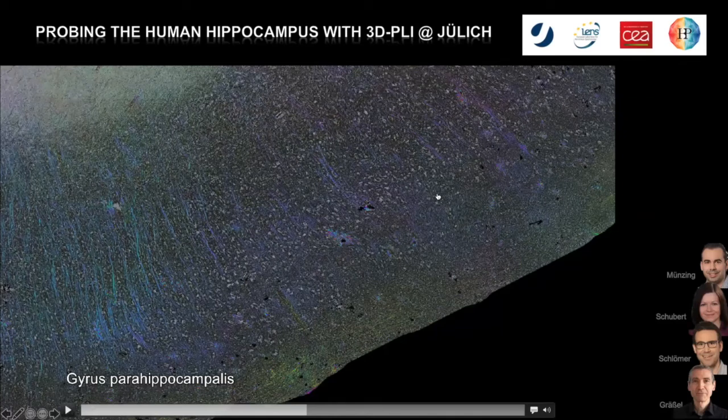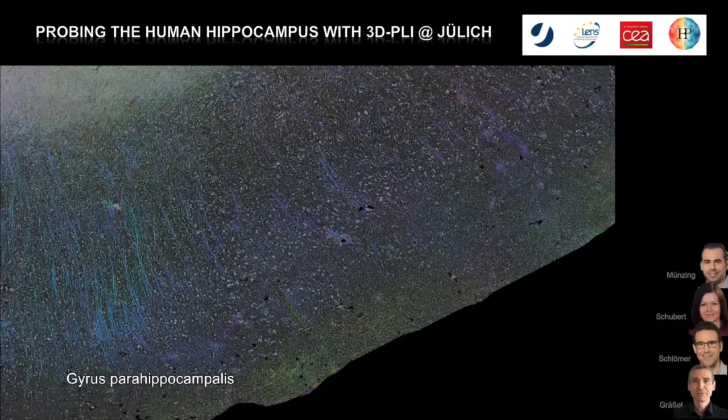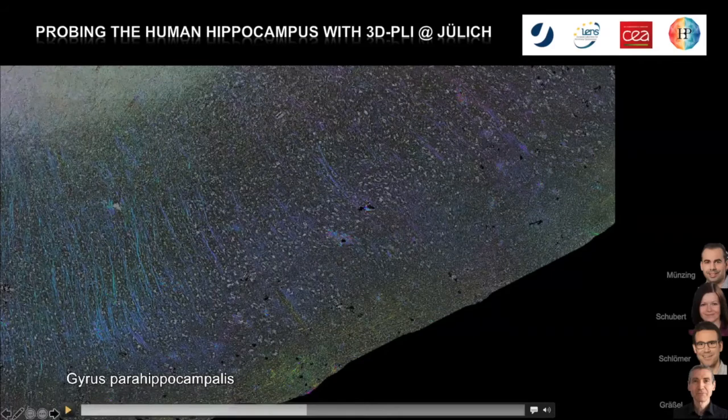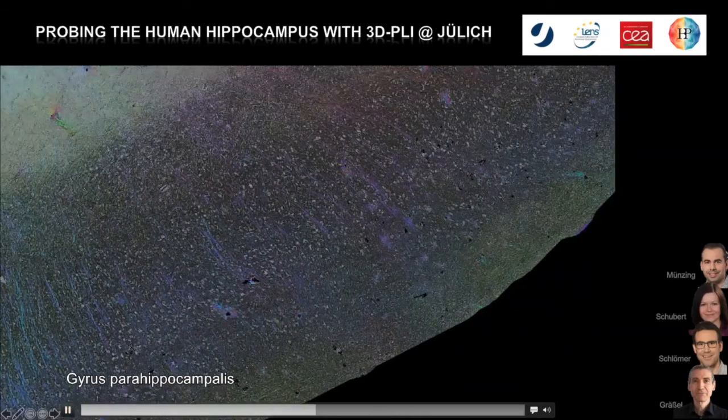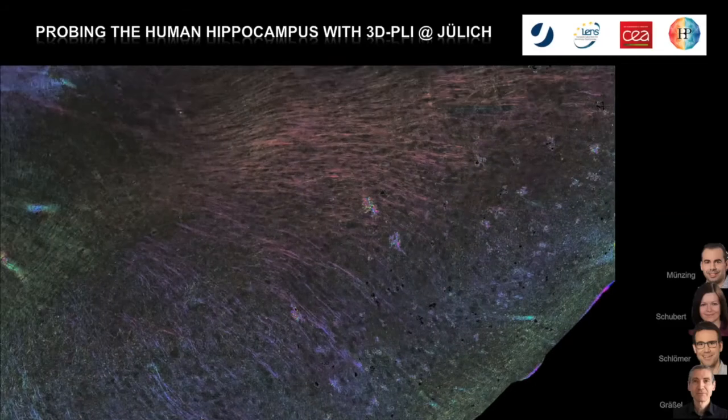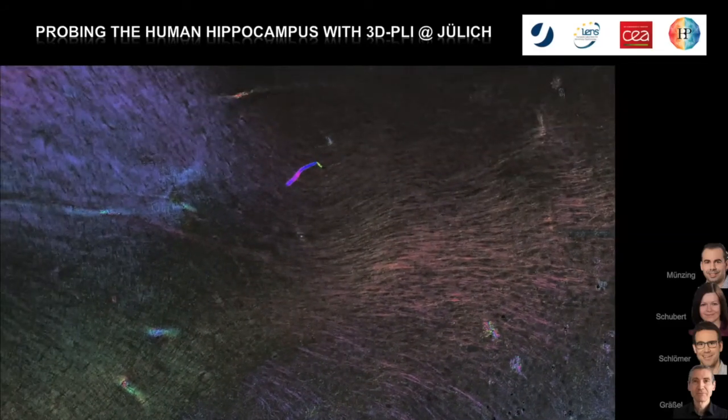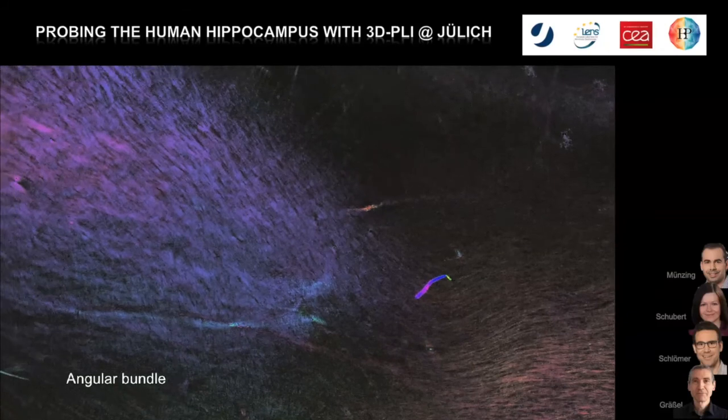But I have to say, the cell bodies are not of that nice shape, as you know from a specific staining. But it is taken in the same measurement, so it comes for free for us.